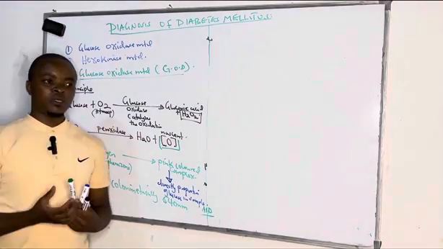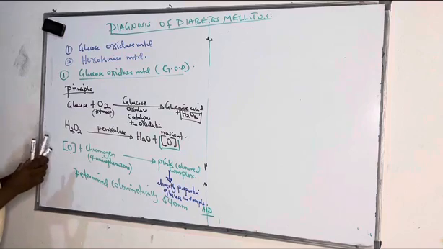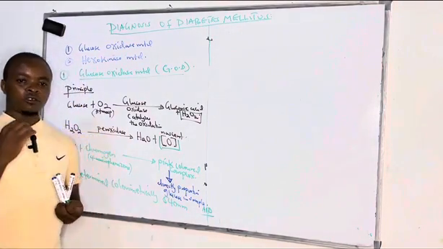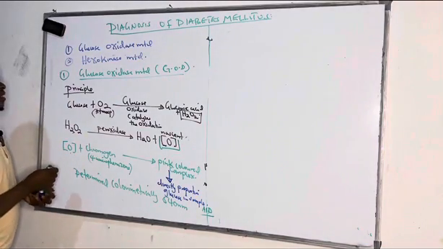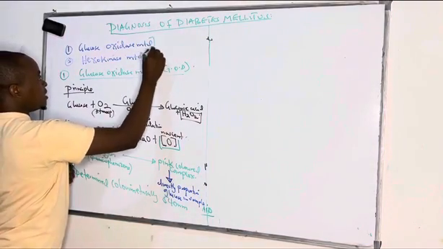So this is the principle of the glucose oxidase method when we are determining glucose in venous blood collected in a fluoridated bottle. The samples we use, we collect them in sodium fluoride.